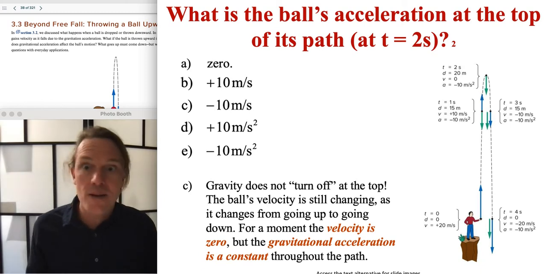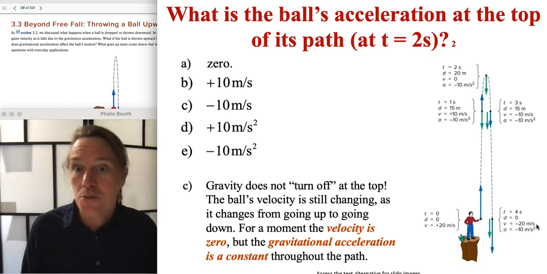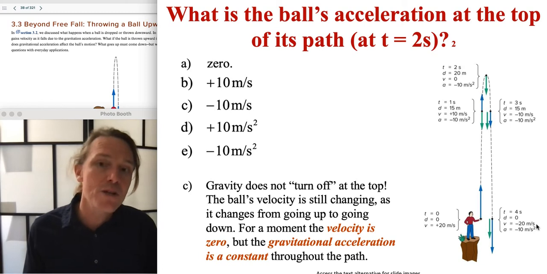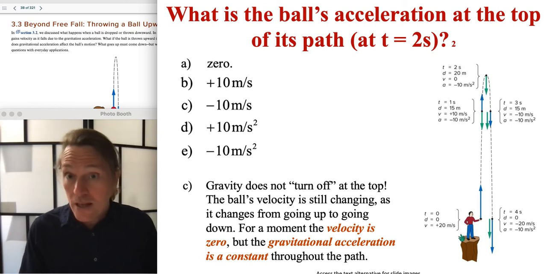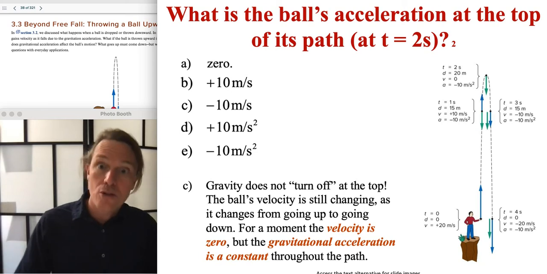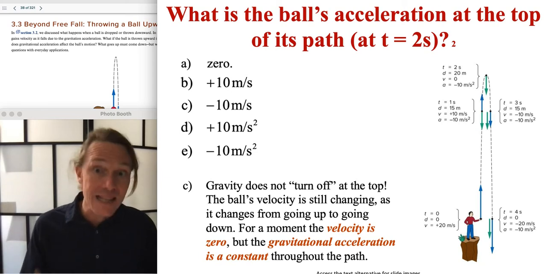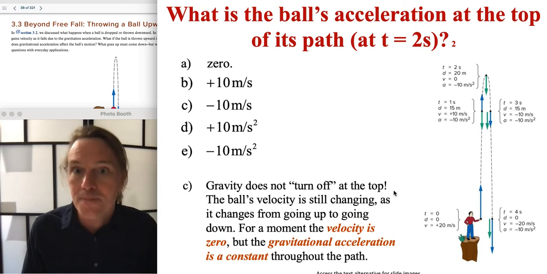It's still going to be accelerating at g, but it's going to have an initial velocity of 20 meters per second down. So in other words, it would actually hit the ground sooner than something that would be dropped, because it takes less time for it to cover that distance because it has that advantage of the initial velocity.